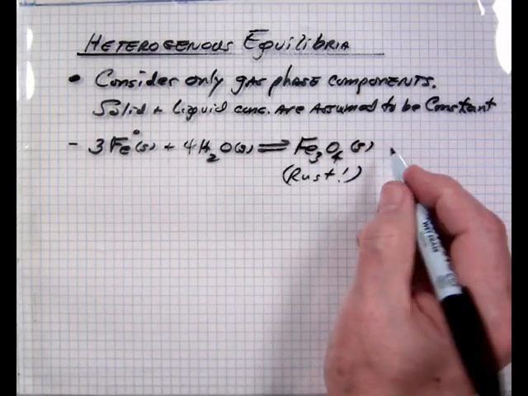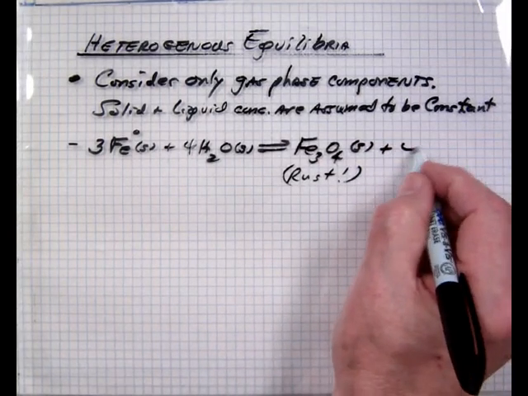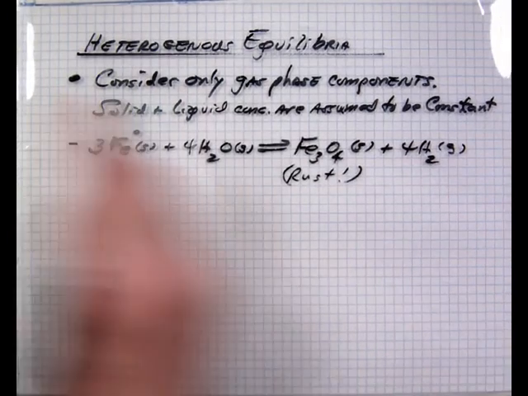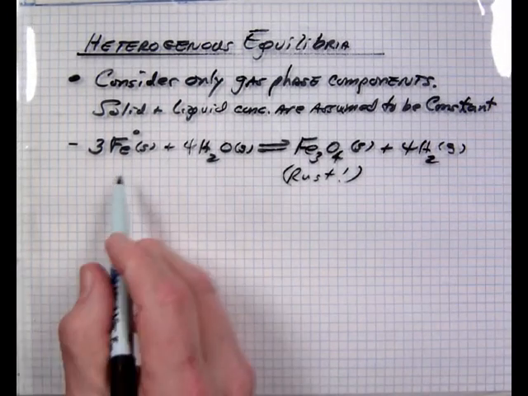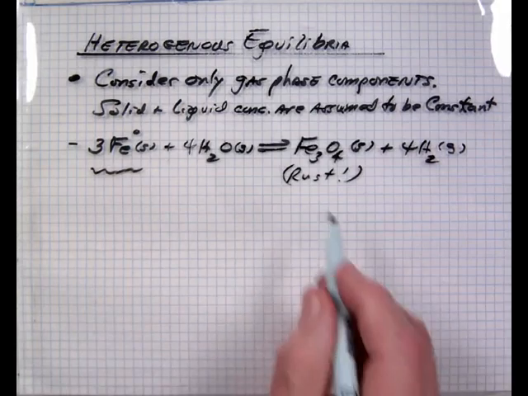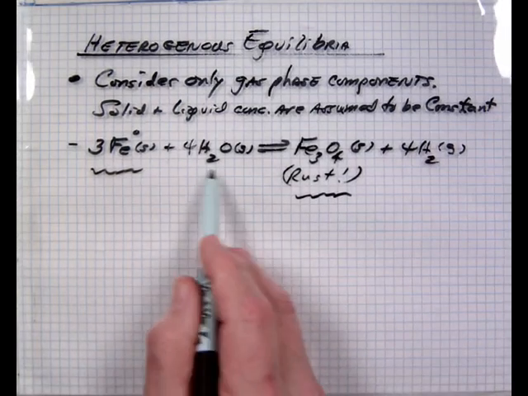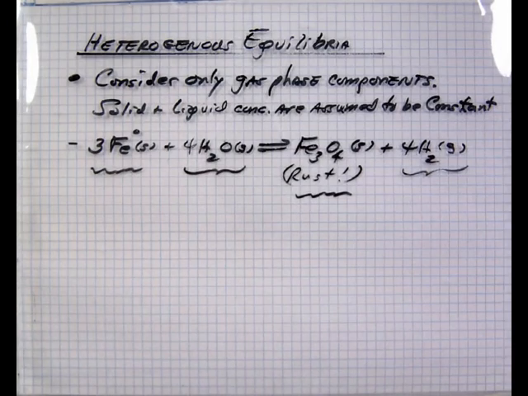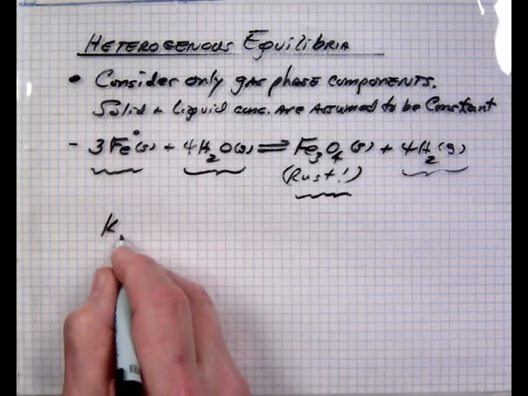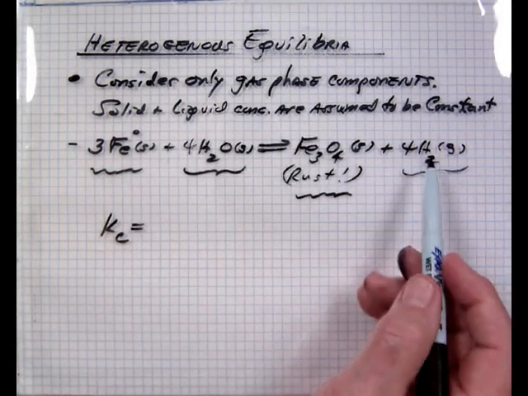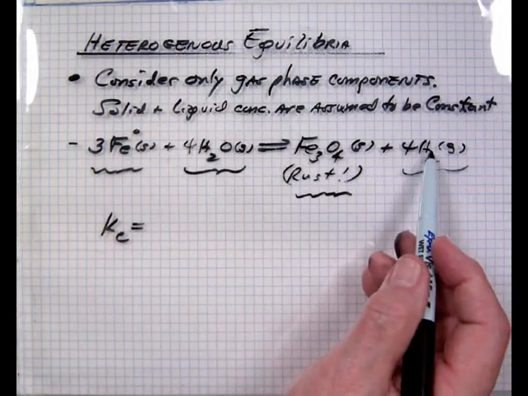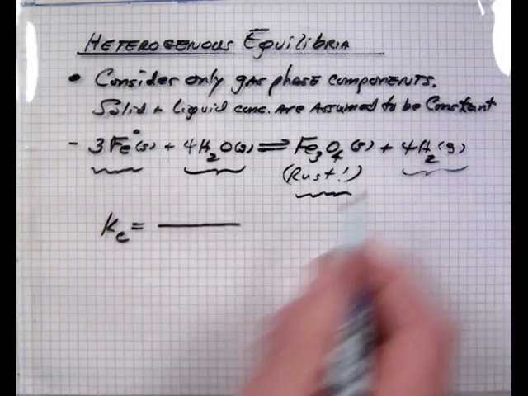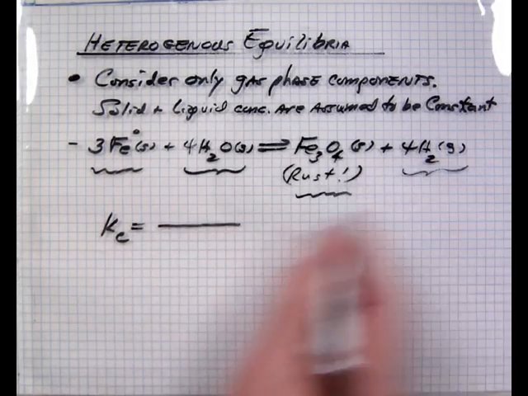Okay, good old rust, plus 4H2 as gas. We notice that it has a solid and a solid in it, but these 2 components are gas. And when you write your Kc expression, products over reactants will include only those components raised to the power of the coefficient.